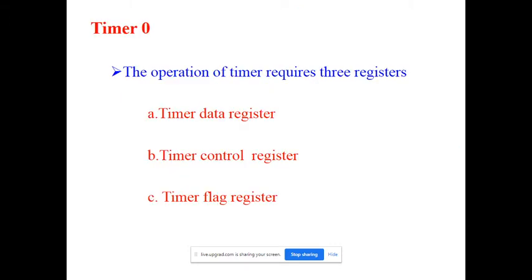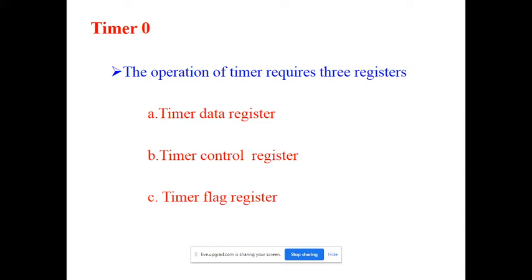Now we are focusing on timer 0, because we are using timer 0 for our practical. To support this timer 0, there are three registers in the architecture of the PIC 18F4520. These three registers are: first, the timer data register; next, the timer control register; and third, the timer flag bit or flag register.